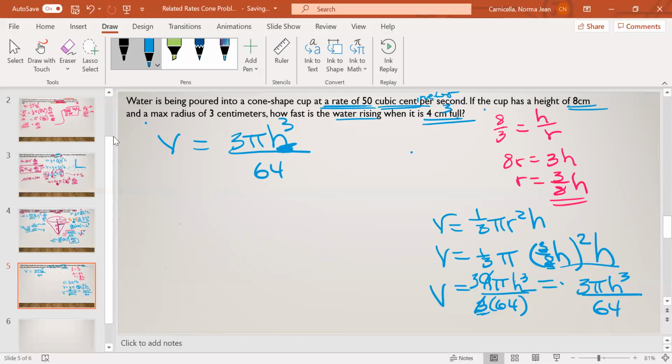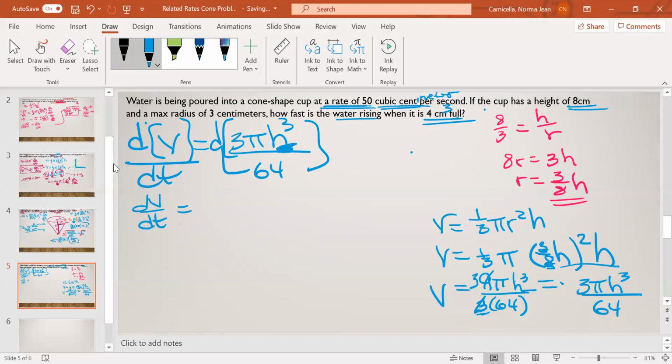So I want dH dt. So let's take the derivative of both sides, and I'm going to end up with dV dt is equal to, all right, so I've got that.